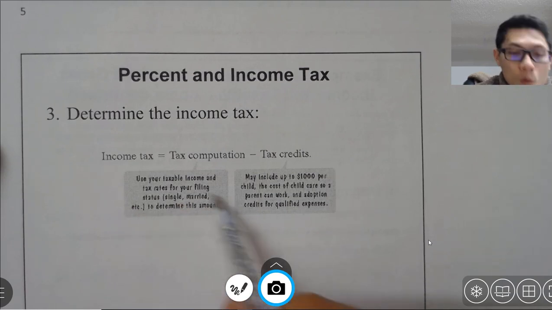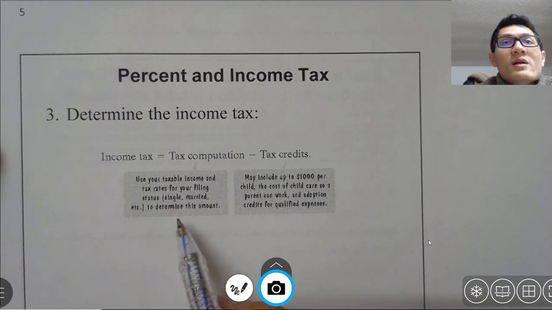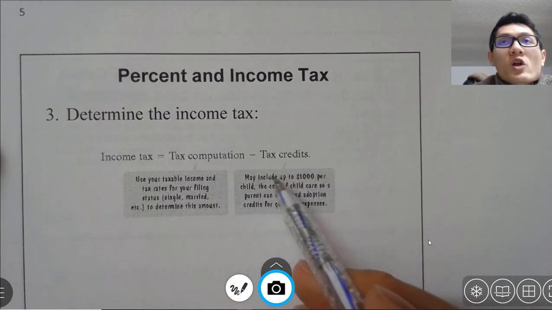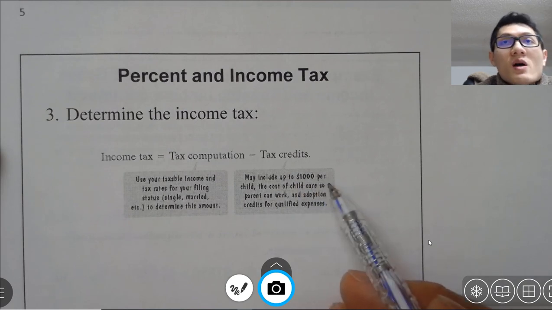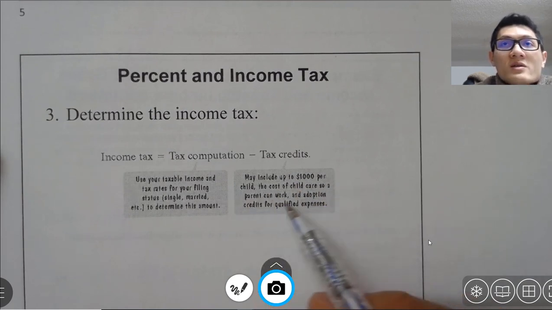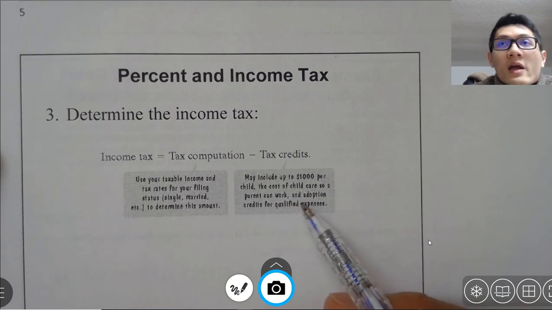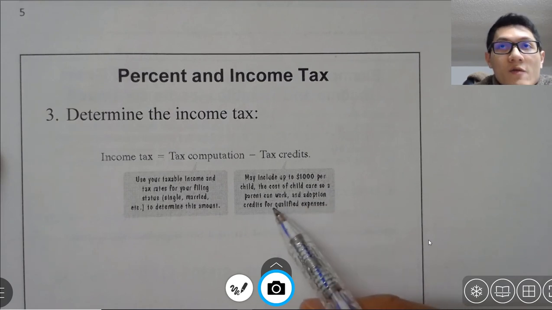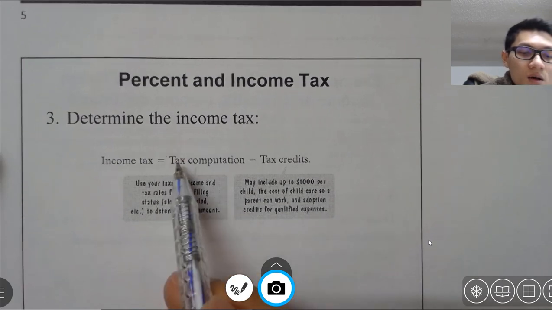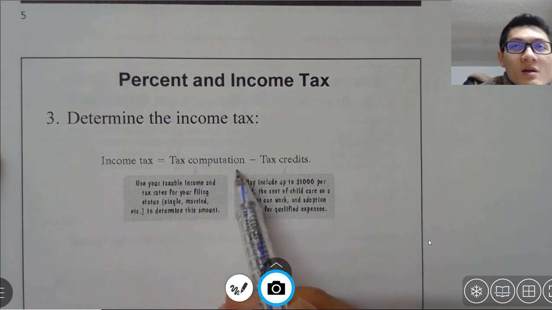And we will see that in the next slide. And the tax credits may include up to $1,000 per child, the cost of child care so a parent can go to work, and adoption credits for qualified expenses, and so on. So your income tax is equal to the tax computation minus the tax credits.